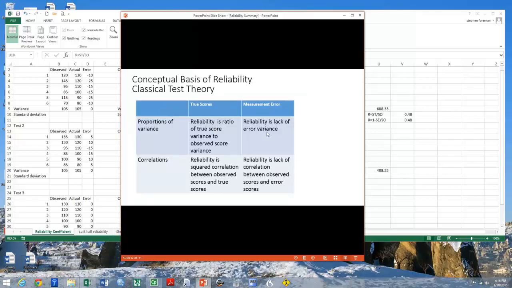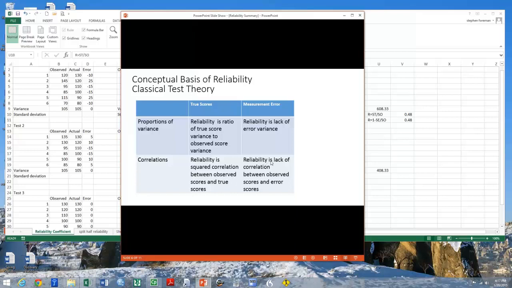Reliability is the lack of error variance. So if error variance goes away, our reliability goes up, particularly as measured by this reliability coefficient. The index of reliability is the square root of that reliability coefficient. So that's the correlation between the true and the observed, or the observed and the true.